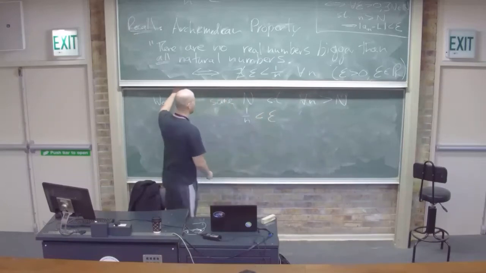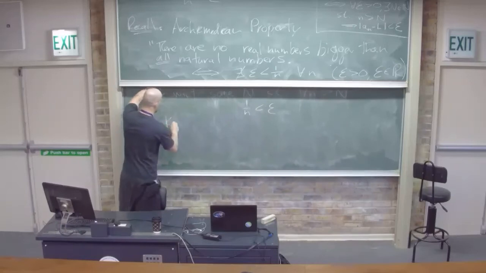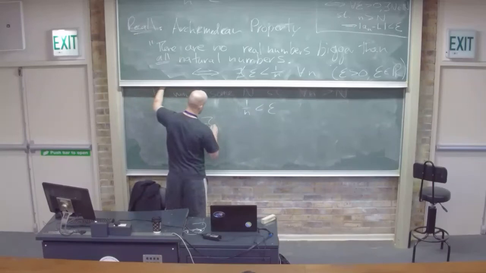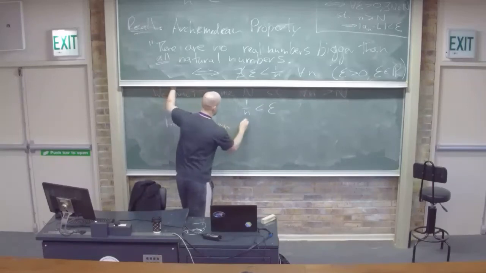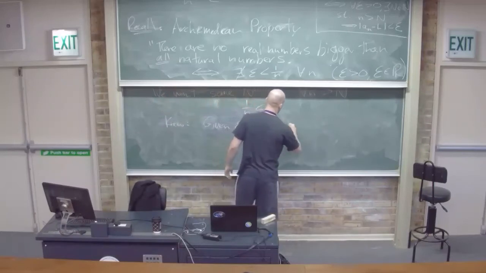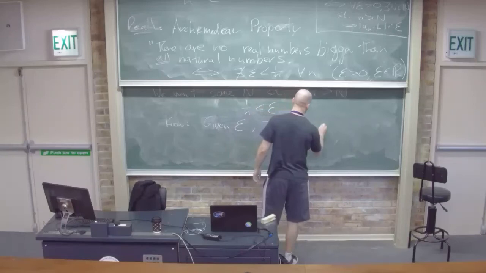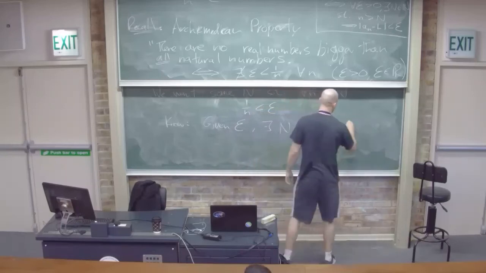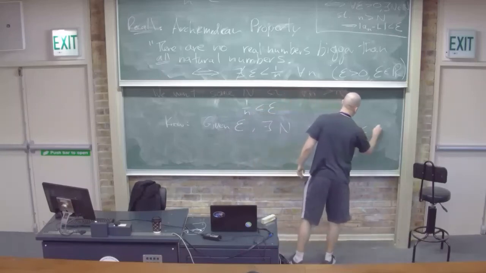Okay, and we know that given epsilon, there exists a capital N such that 1 over N is less than epsilon.